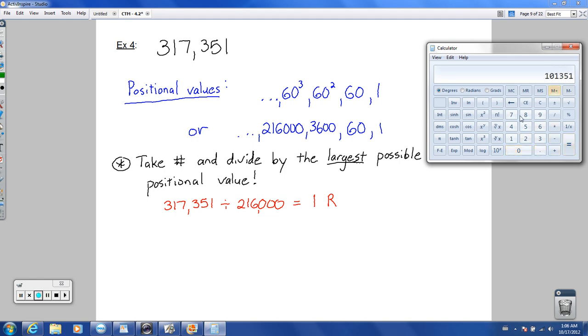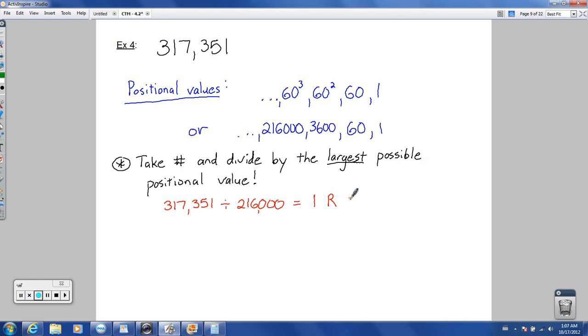Let's see what that equals. That's a remainder of 101,351. So this was my group of 60 cubes. I'm going to put that off to the side. This was 60 cubes right here. How many 60 cubes went into my original number? This many. So you had 1 with a remainder of that.